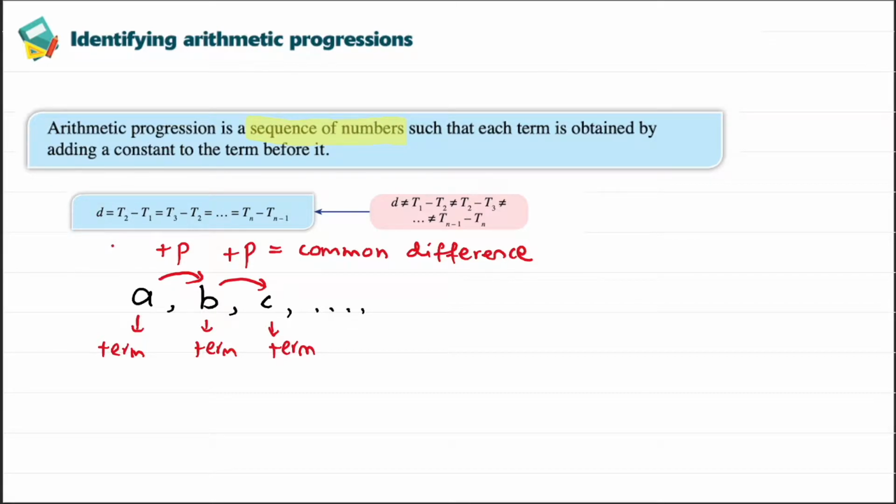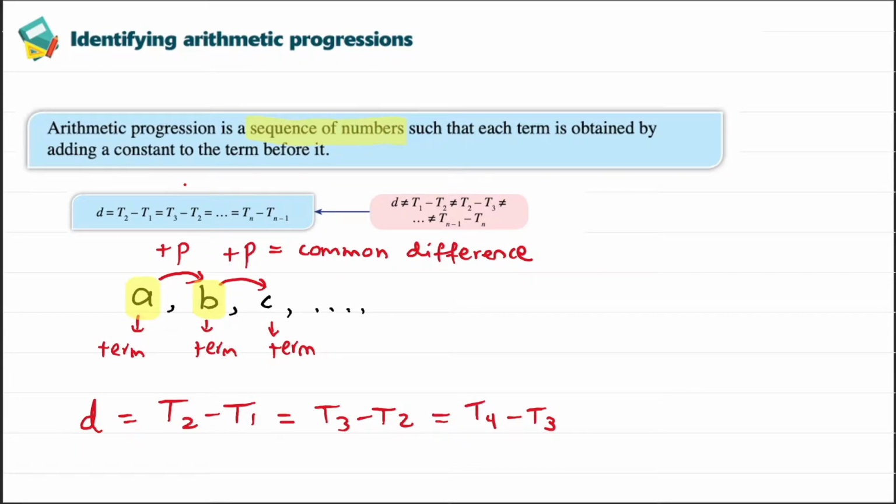So kalau kamu tengok dekat sini, D, which is the common difference, is equal to T2 tolak T1. Maksudnya term yang kedua tolak dengan term yang pertama akan dapat D. Dan this one also true for T3 tolak T2. Also true for T4 minus T3. Okay.